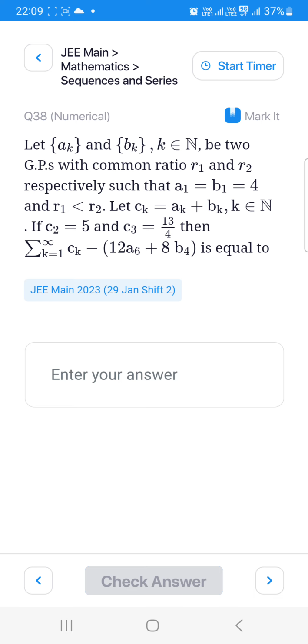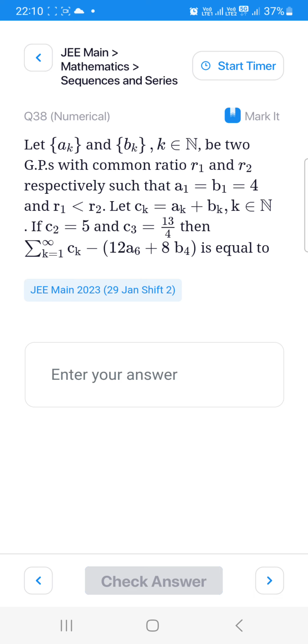Let the question be described as follows: let {a_k} and {b_k} for all k belonging to the natural number set be two GPs, geometric progressions, with common ratios r1 and r2 respectively. a_k has a different common ratio compared to b_k, that is r1 and r2 respectively, such that a1 equals b1 equals 4.